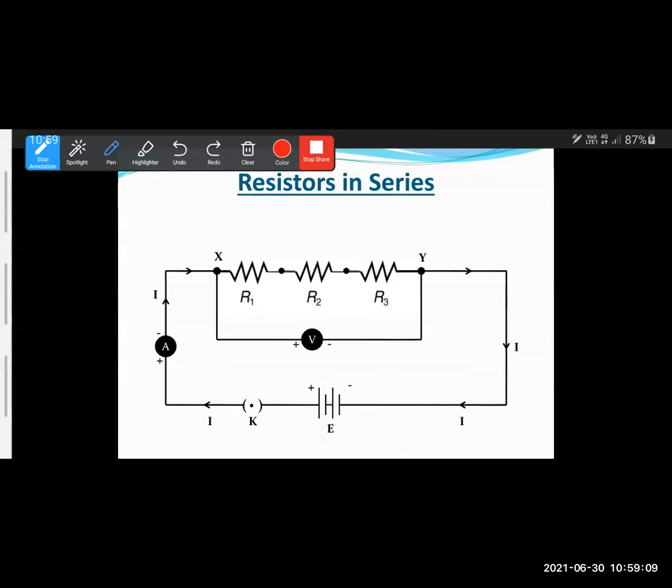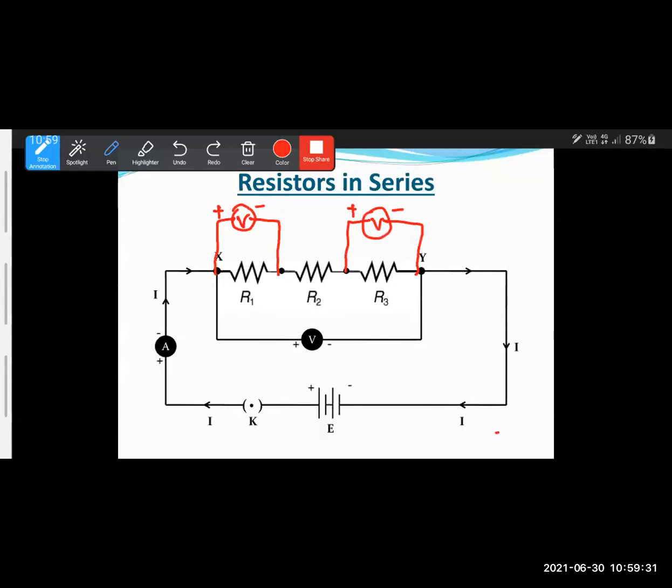So that means you can connect a voltmeter, say over here. As you can see, if I connect a voltmeter across these 2 points, what will this voltmeter do? It will measure the voltage across the resistor R1. Say, for example, if I connect a voltmeter over here in this form, what will this do?